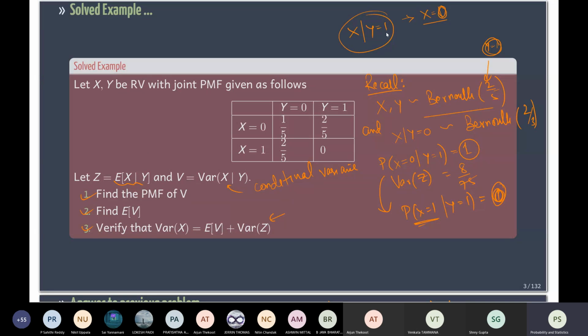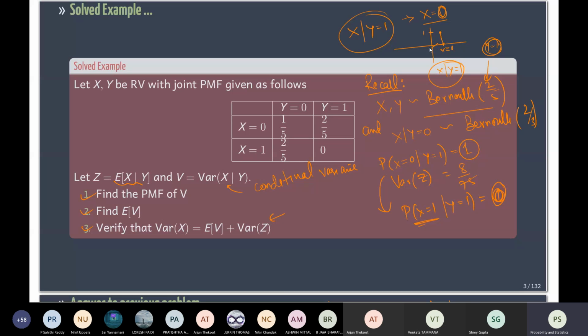So this is just a point value. This is defined only for X equals 0. This random variable X given Y equal to 1 is taking non-zero probability only at X equals 0, which is 1, and the remaining is obviously 0.